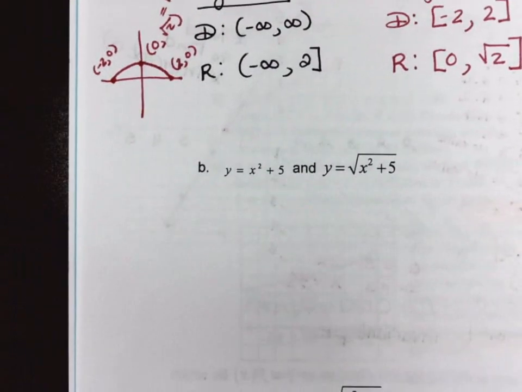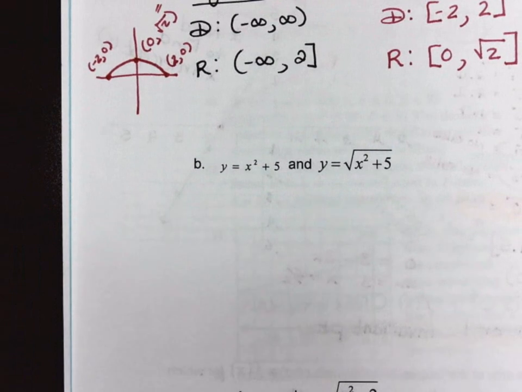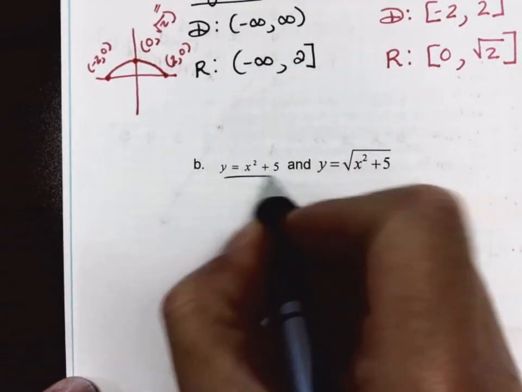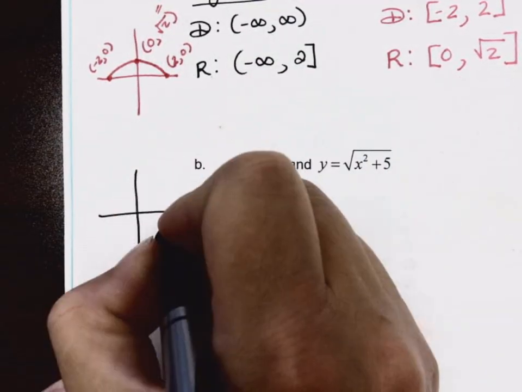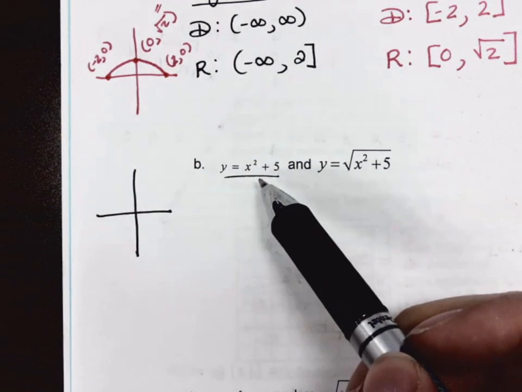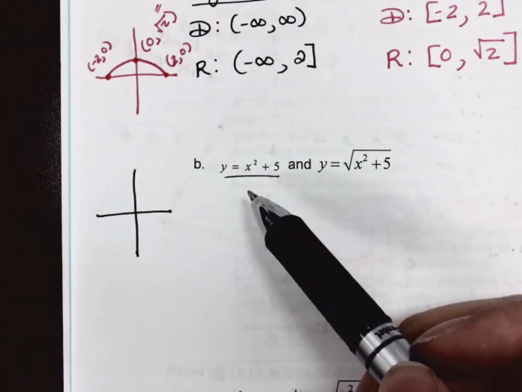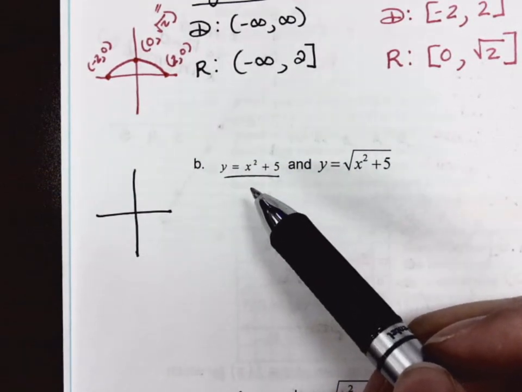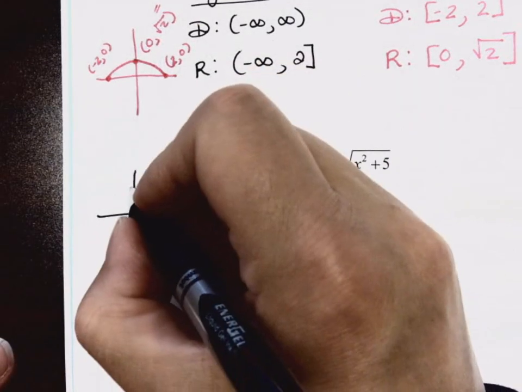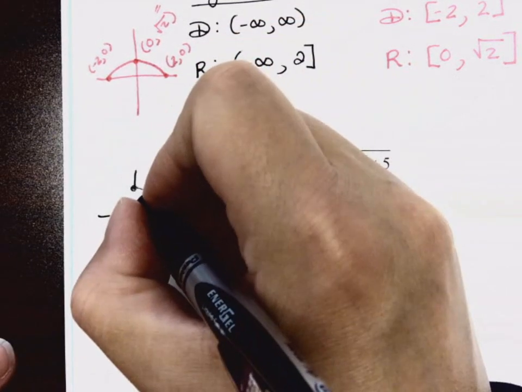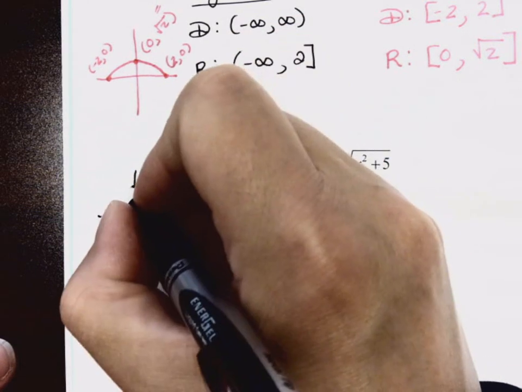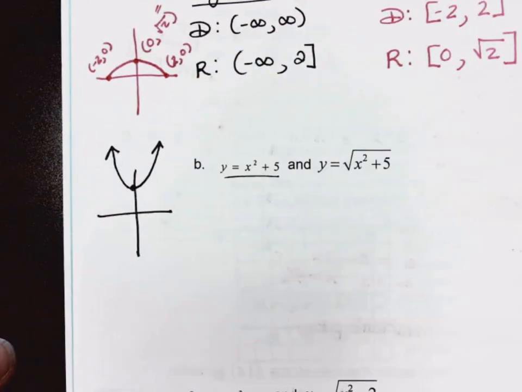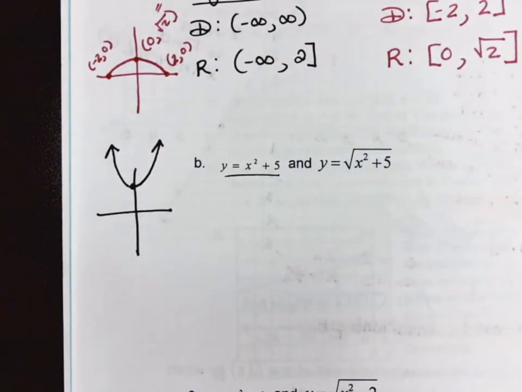All right, let's look at this next graph. So I'm going to do a sketch of this. Which way does this graph open? Up. Where's my vertex? Are there any negative y values?